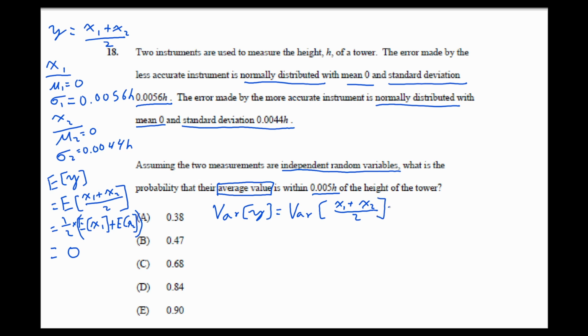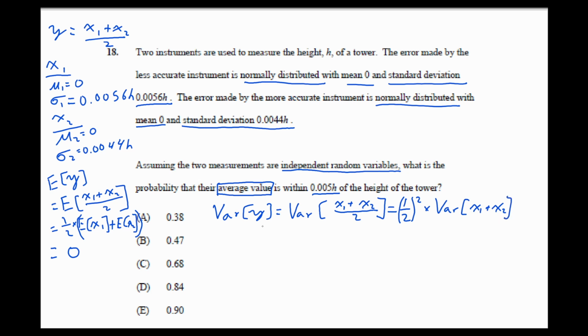Then we pull the 1 over 2 out of this equation, outside of the variance parentheses, and that squares this part, times the variance of x1 plus x2.